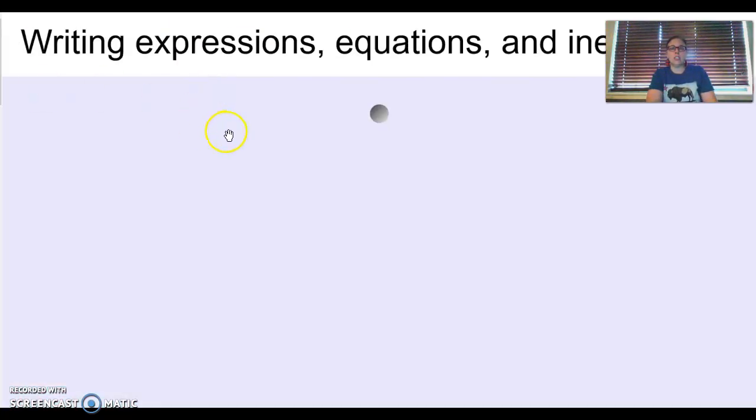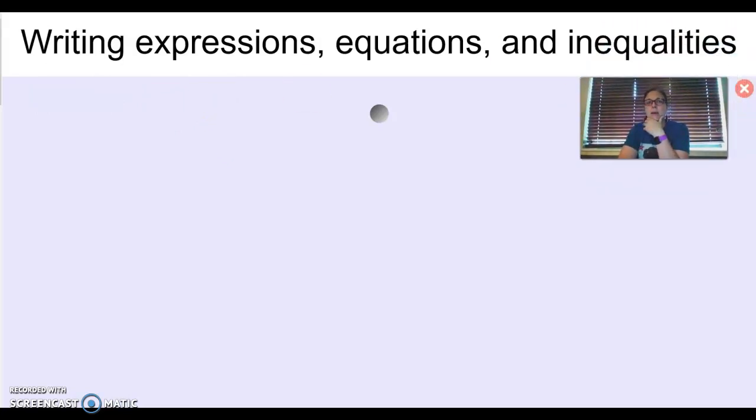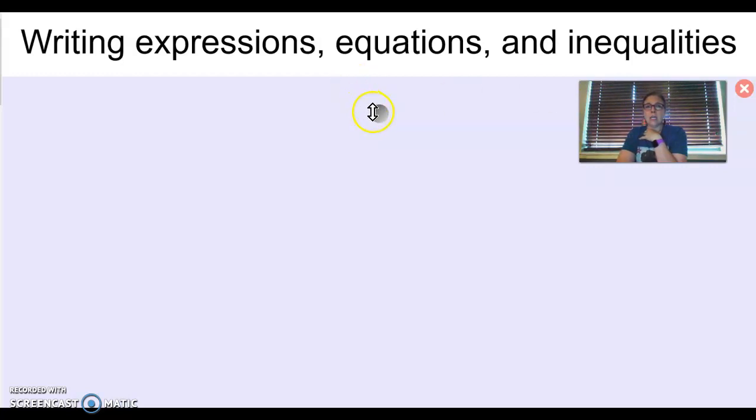So let's do some writing. So we're going to write some expressions, equations, and inequalities. We're going to focus on the inequalities, but we're going to throw some expressions and equations in there so you can see the difference. Okay, so remember, equations are going to have an equal sign.